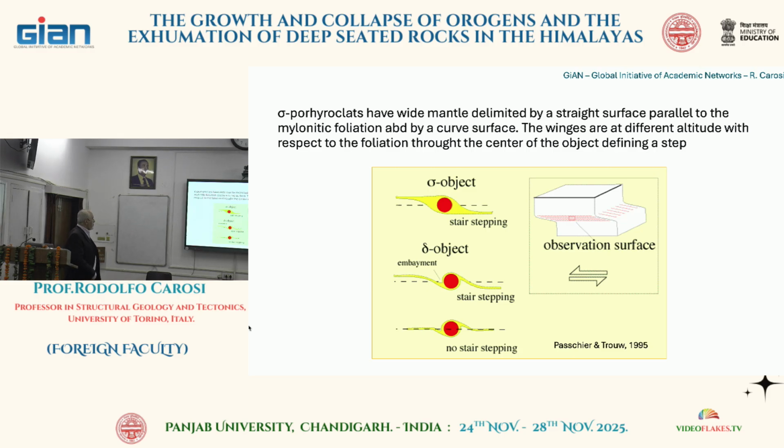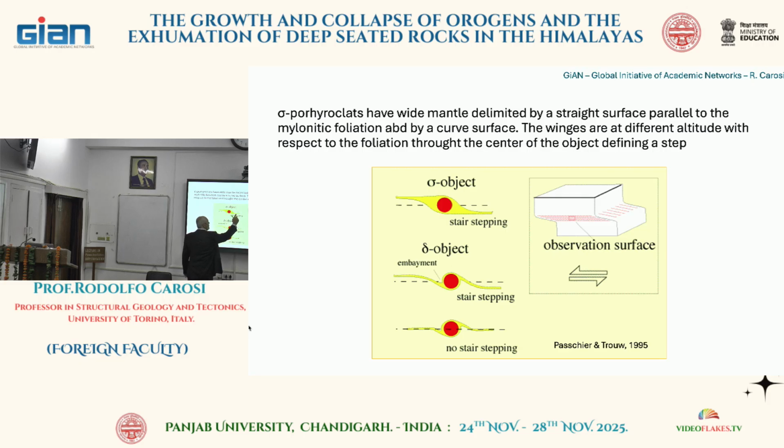Okay. Now we can take a look at the best kinematic indicators that are the sigma and the delta ones, because there are several shapes of the mantled porphyroclast. There are fish shapes when the mantle is completely symmetric, or they are much more complex, but the best ones are the sigma and the delta objects. The sigma is stair-stepping. If you make a median line passing through the center of the porphyroclast parallel to the mylonitic foliation, these tails don't cross the line.